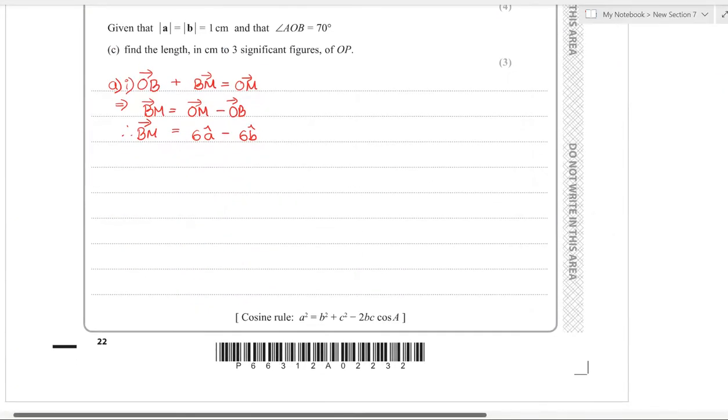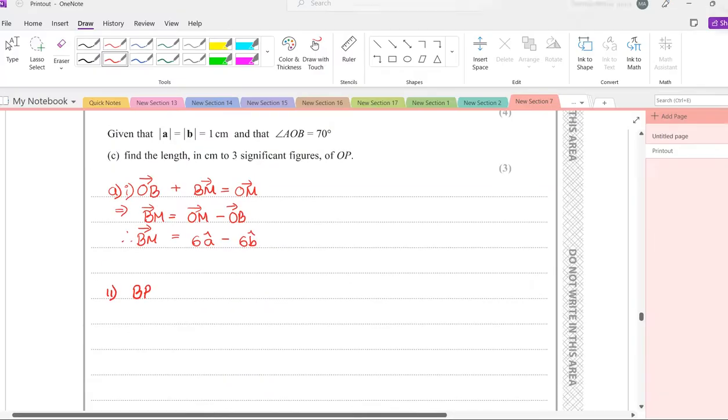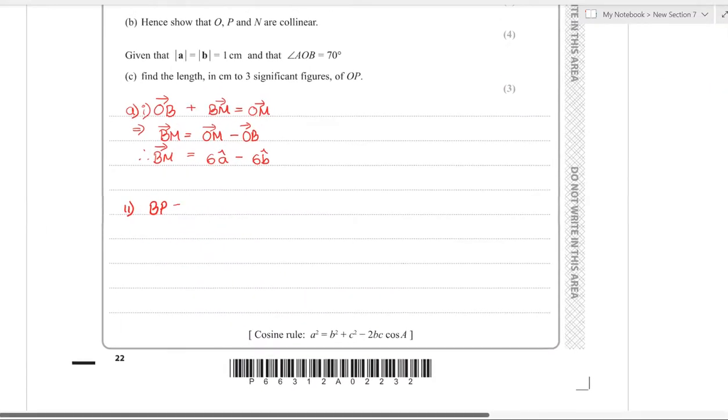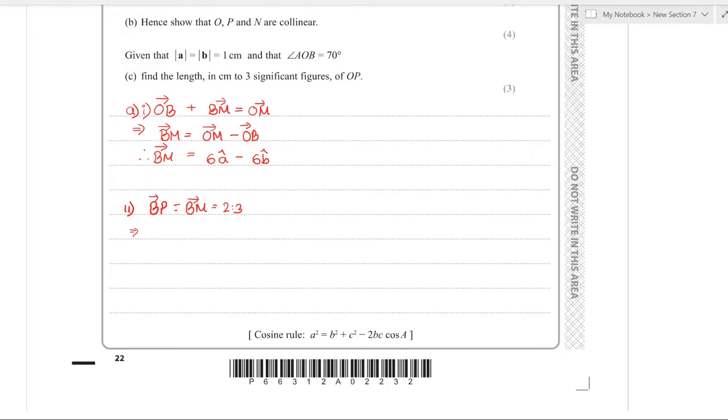Now it was given in the question that BP to BM is 2:3. We can write ratios as fractions, so it basically means BP over BM is 2/3, and if you make BP the subject, it will be BP = 2/3 times BM.